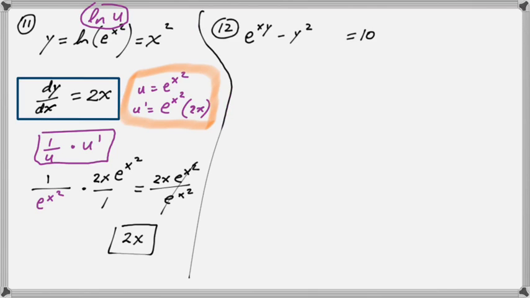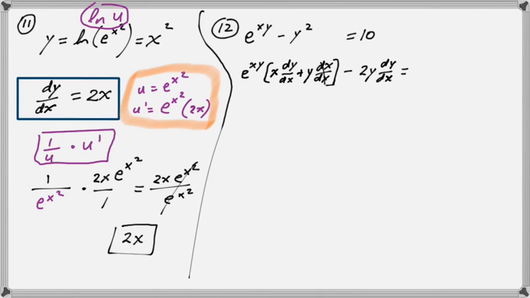Okay, for number 12, we have e to a power, so I have to take its derivative: e to the same power times the derivative of the power. Because the power is a product, I need the product rule: x times the derivative of y plus y times the derivative of x, minus the derivative of y squared: power, base, 1 less power, derivative of the base.